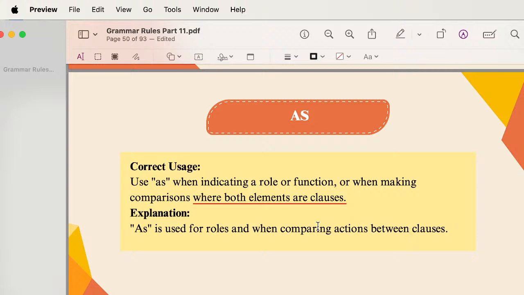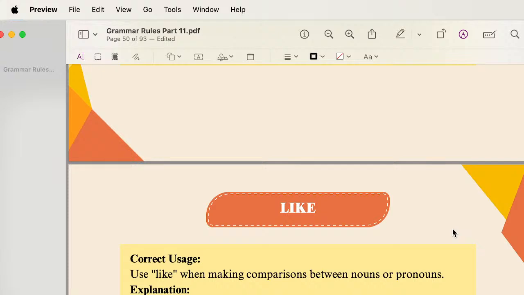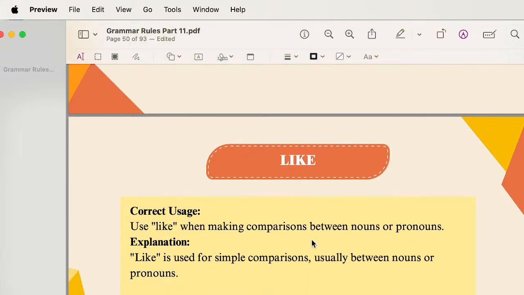As is used for roles or when comparing actions between clauses. Right? Like is used when you're making a comparison between nouns or pronouns. So like is used for simple comparison between nouns or pronouns.